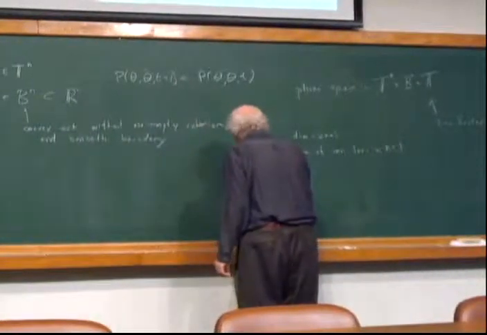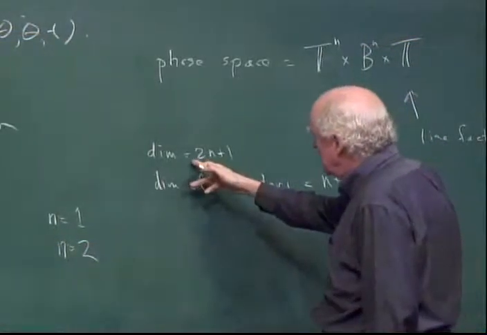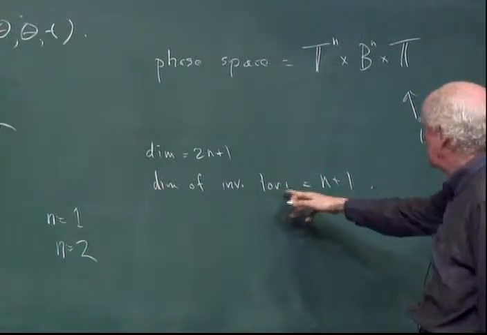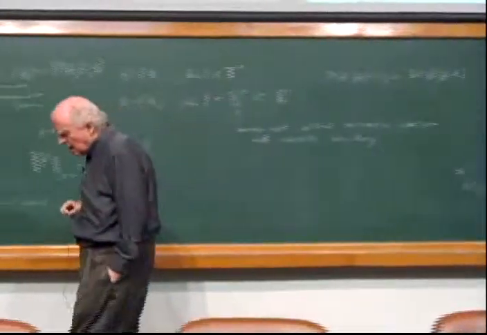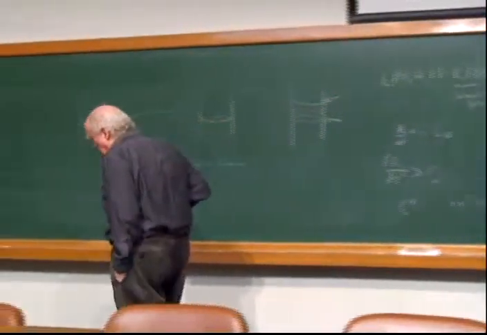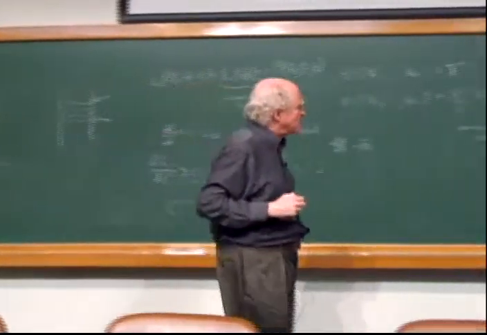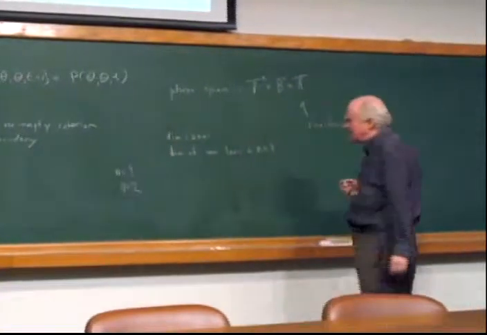Now, for n equals 2, the phase space has dimension 5, and the invariant torus has dimension 3, and the invariant torus does not separate the phase space.